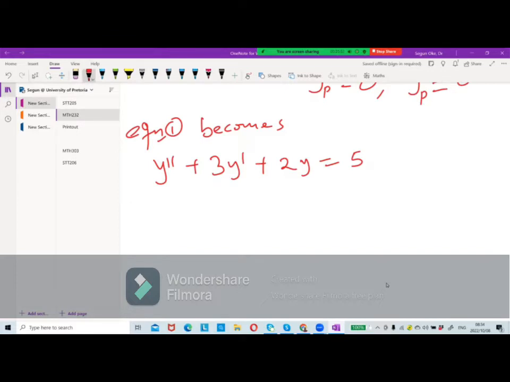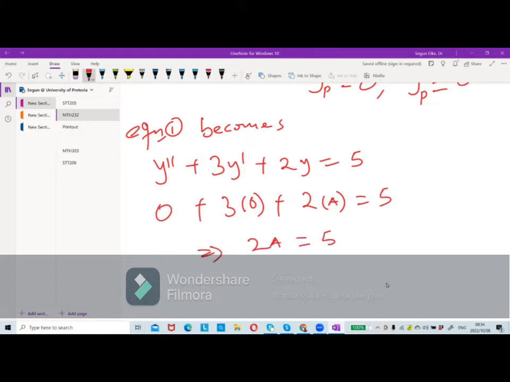So it's going to be yp double prime, which is 0 in this case, plus 3 of 0 plus 2 of what? Yes, A, thank you, equals 5. So at the end of the day, we have 2A equals 5.